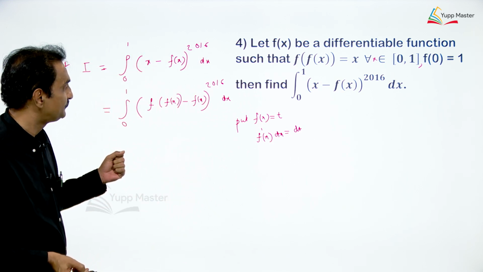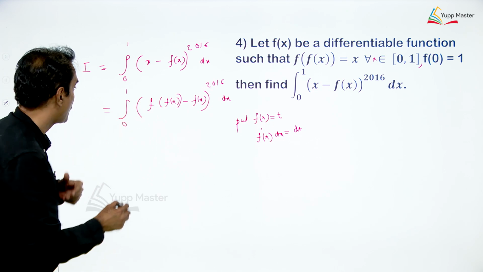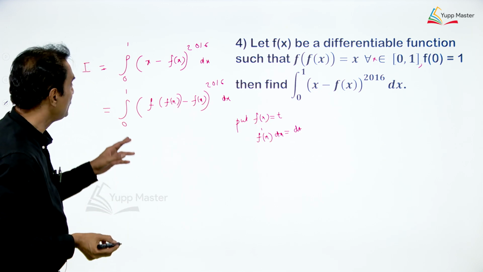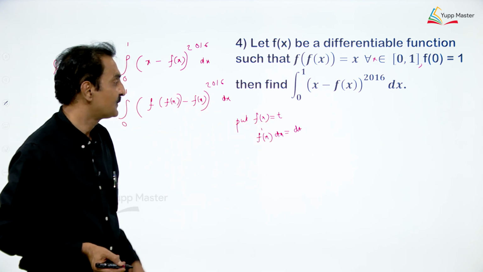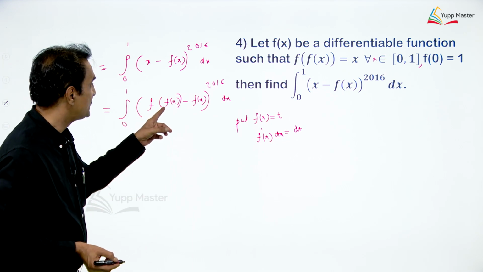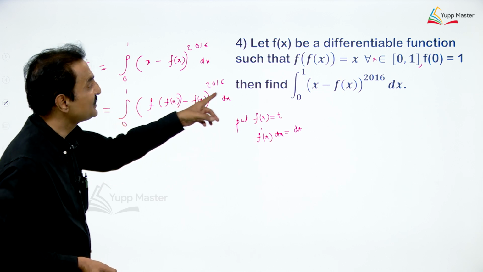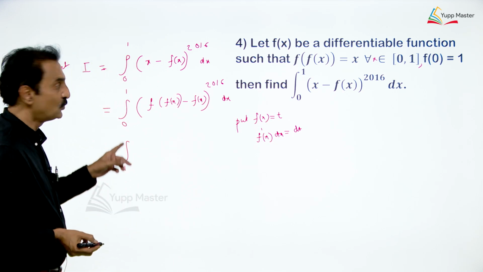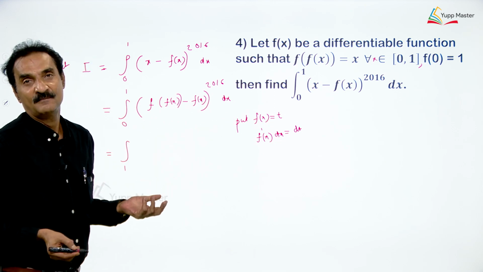Then this becomes, and what will be the new limits? Substituting x is equal to 0, f of 0 is 1. So, it will be integral 1 to, substituting x is equal to 1. What is f of 1?